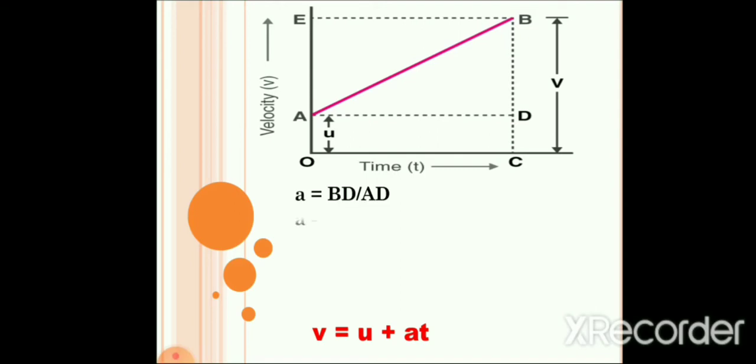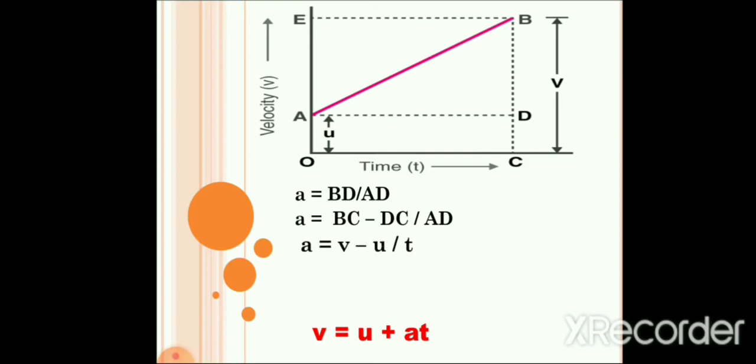A is given by BD by AD. The value of BD is BC minus CD. BC is v and CD is u. So BC minus CD will be v minus u by t.